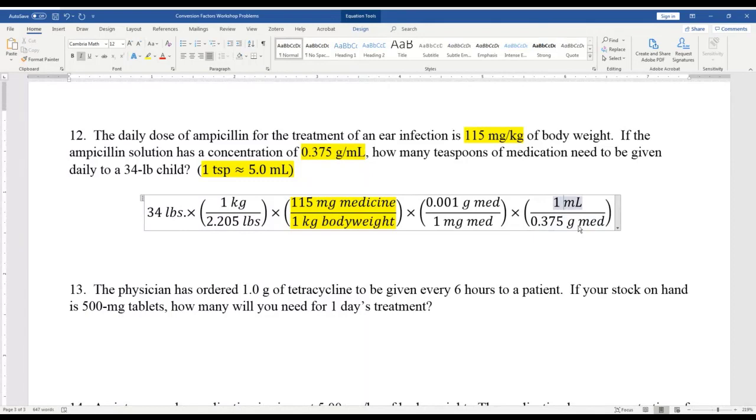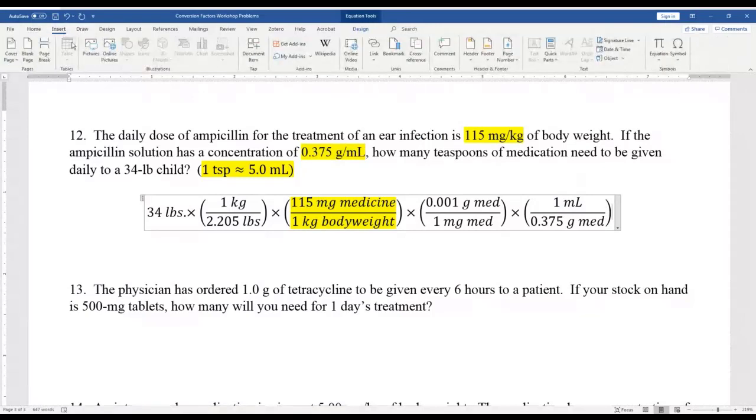This is what I referred to at the beginning as a situational or conditional conversion factor. It's only good for this situation, and only because the concentration of the solution happens to be 0.375 grams per milliliter.